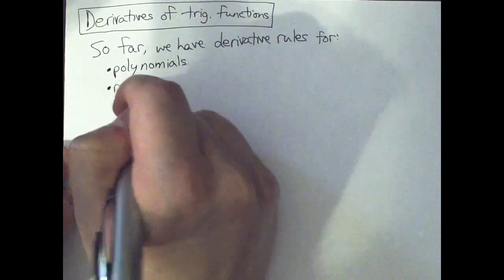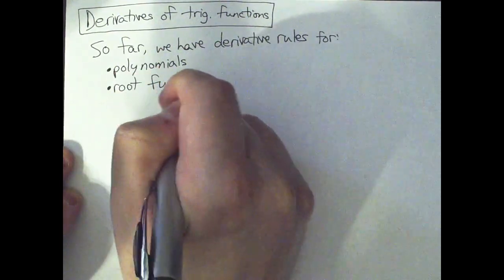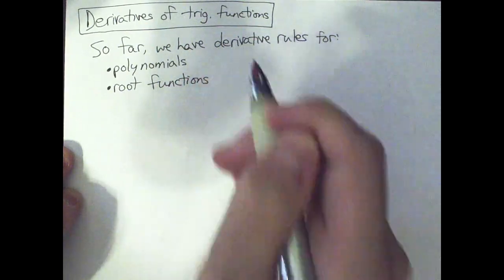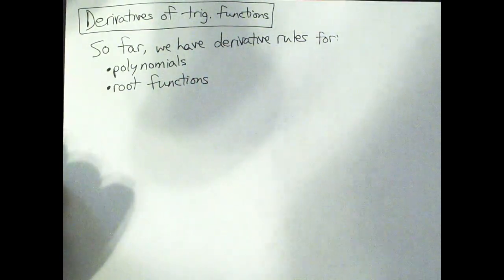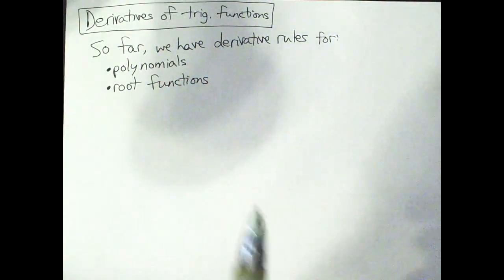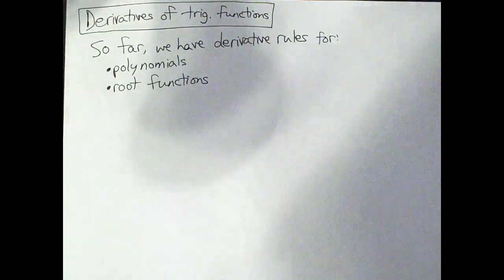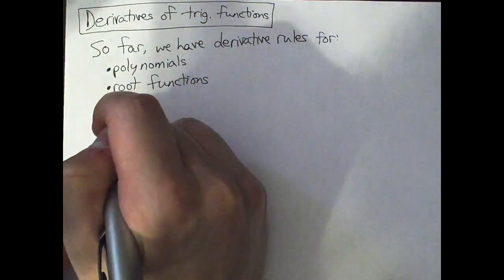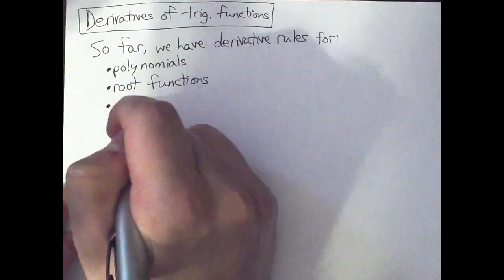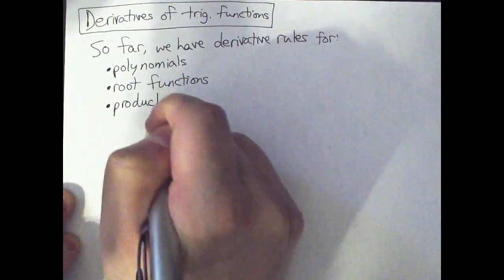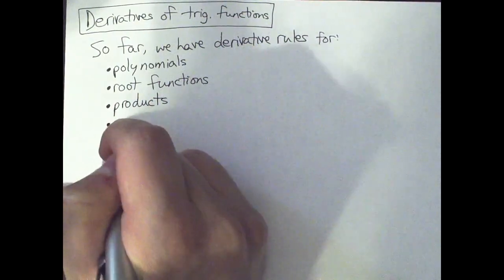We learned how to do derivatives of root functions. That would include things like the square root of x, but also you could do the cube root of x, right? Just think of the cube root of x as x to the 1/3. You'd use the usual rule for x to a power. And recently we've learned how to do derivatives of products and quotients.